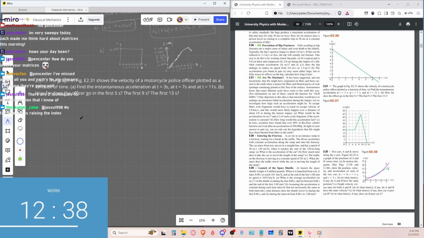With indexes, when it comes to vectors and tensors, maybe matrices, I still don't understand how to interpret contravariant and covariant vector components.